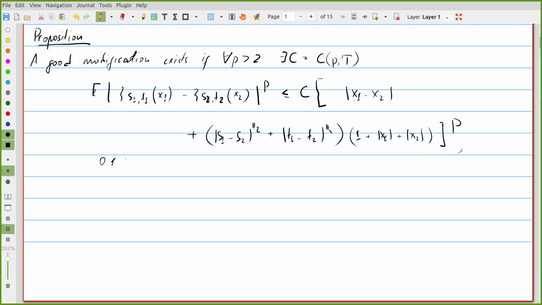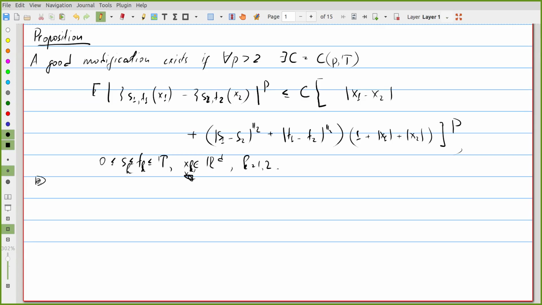Here I will write the set once, and next we will always understand that x1, x2 and all our time variables are always living in this parametric set.